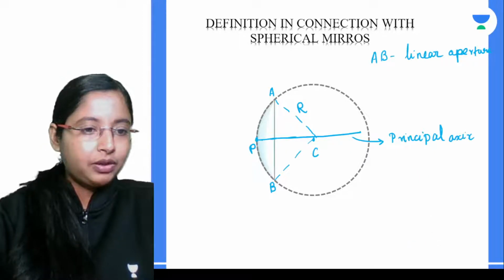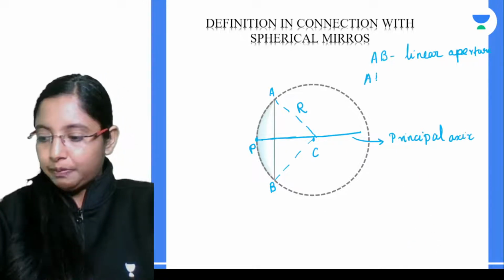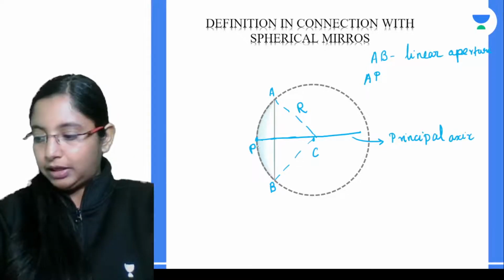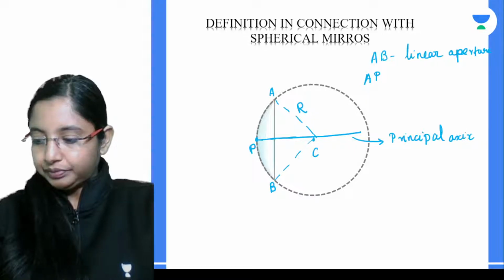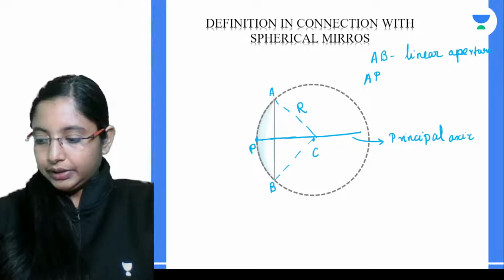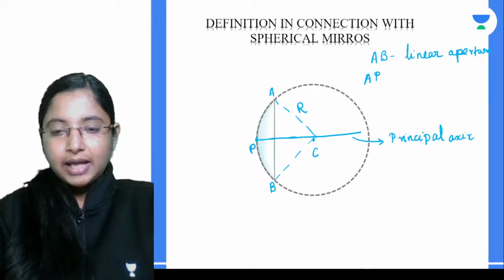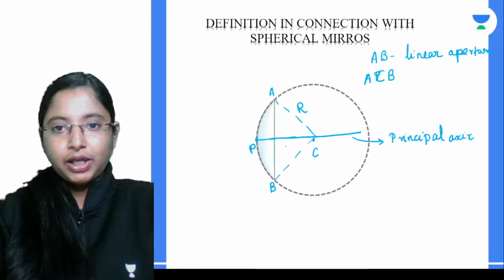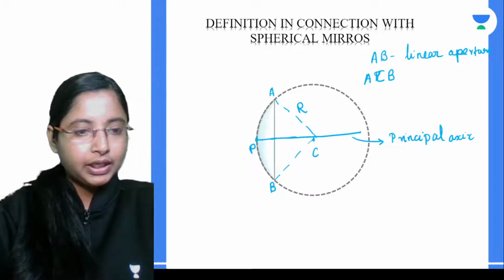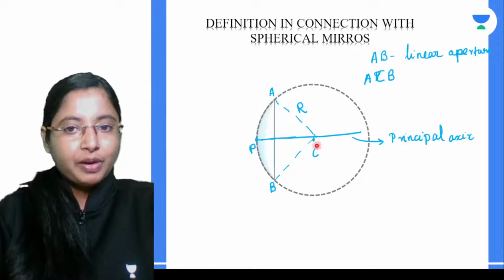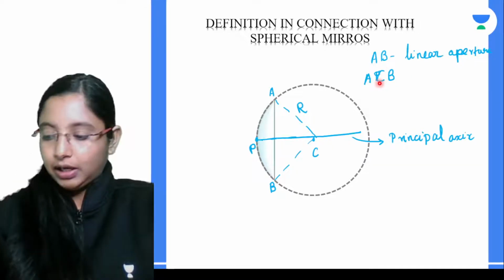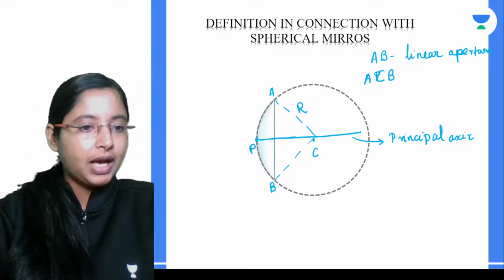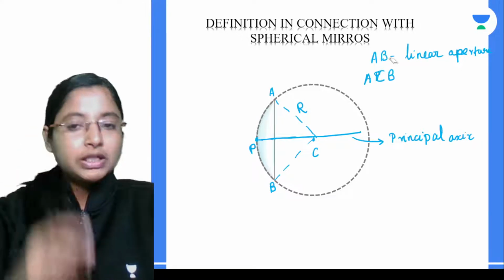In this picture, if you look at this angle, A, C, B, the angle subtended from the center of curvature towards the surface of the mirror, that becomes the angular aperture. That angle also tells you the size of the mirror.